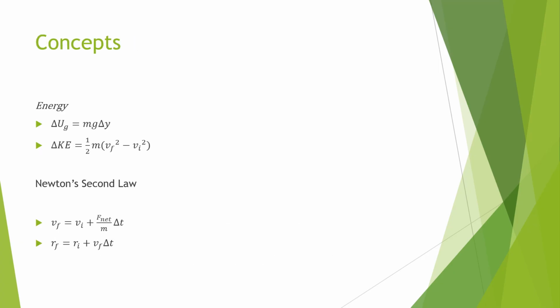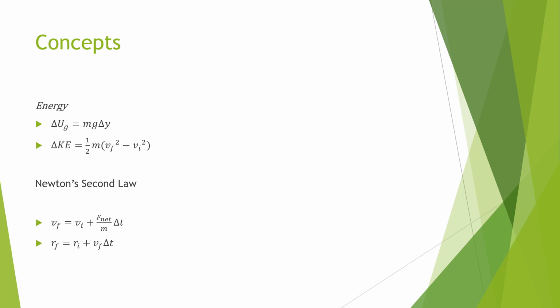So the main concepts of my lab were the energy principle, which is that the change in potential energy of gravity equals mass times Earth's gravity constant times the change in height, or y. And then the change in kinetic energy is 1/2 mass times velocity final squared minus velocity initial squared.